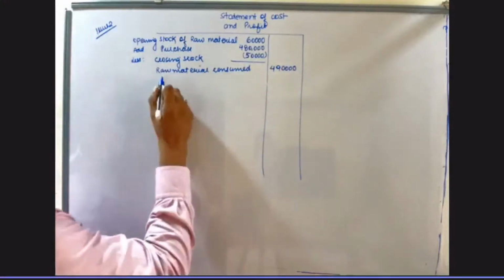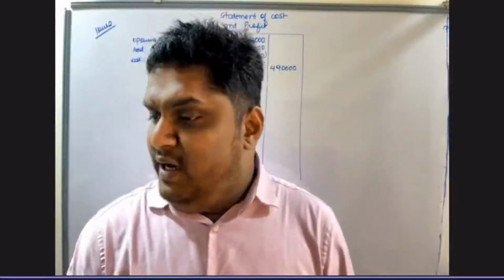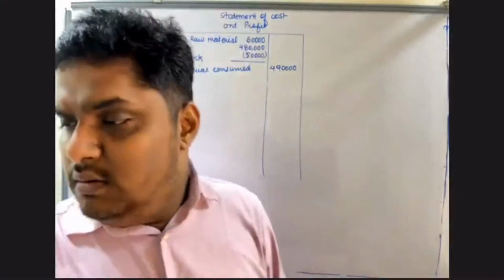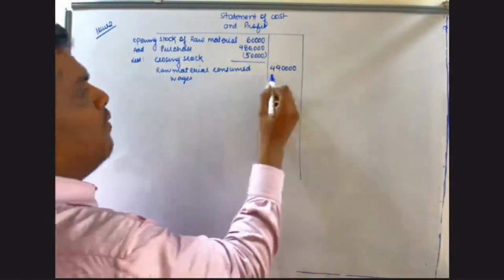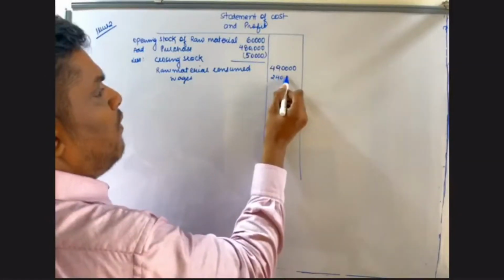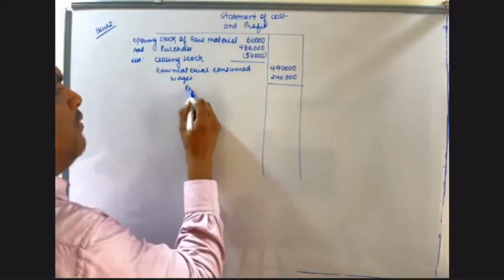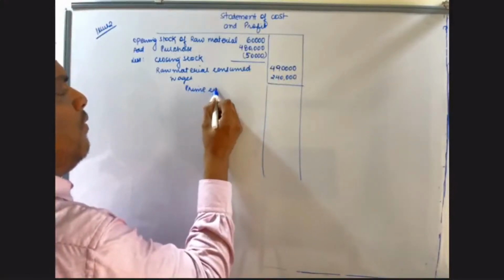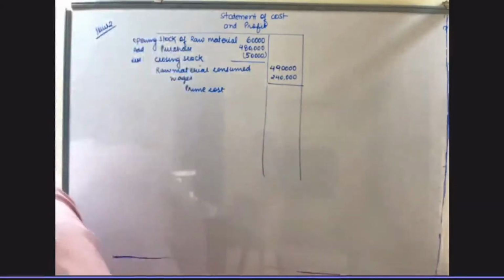4,90,000. Thereafter, the wages paid are 2,40,000. So this will be my prime cost. 490 plus 240.